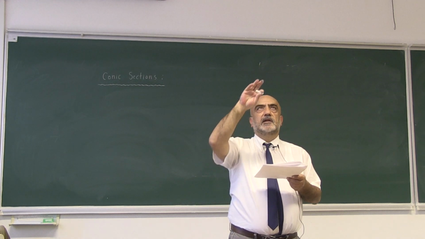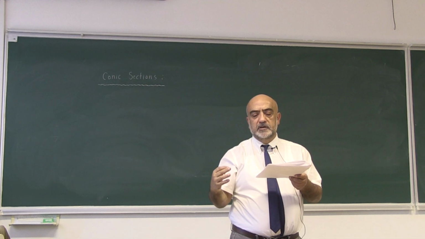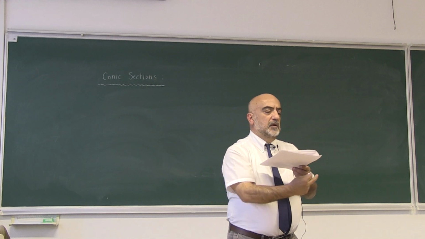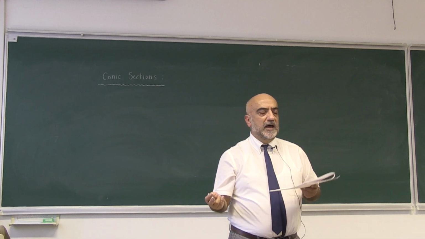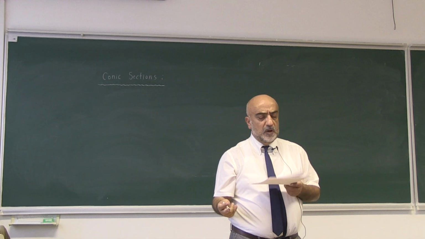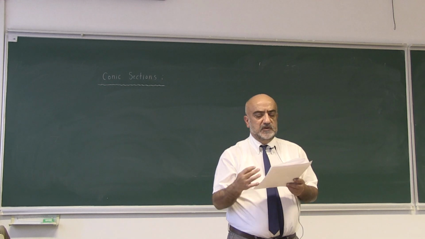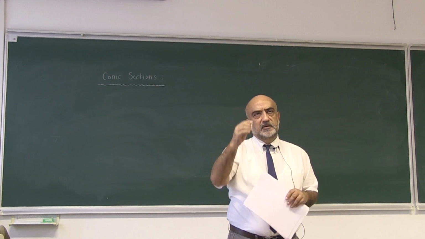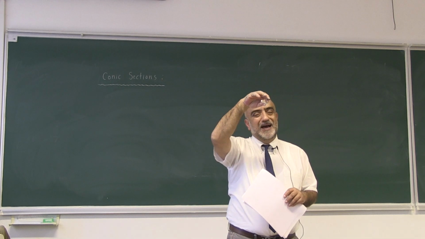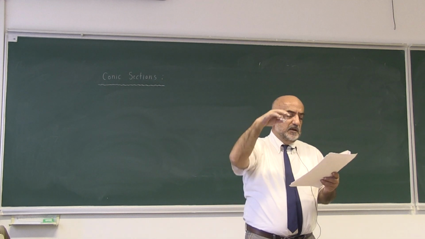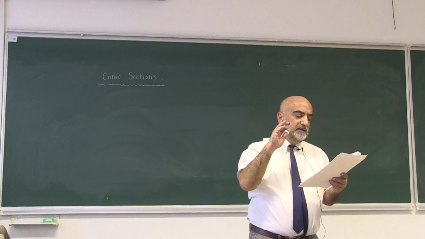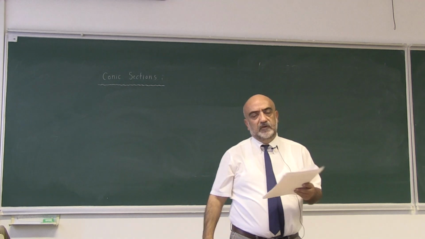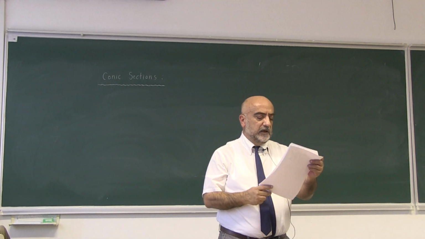So the straight line joining the apex to the point will simply describe a surface, except it will have one, so to speak, bad singular point, the apex, where all these straight lines intersect. The straight lines in question are called the generators of the cone.